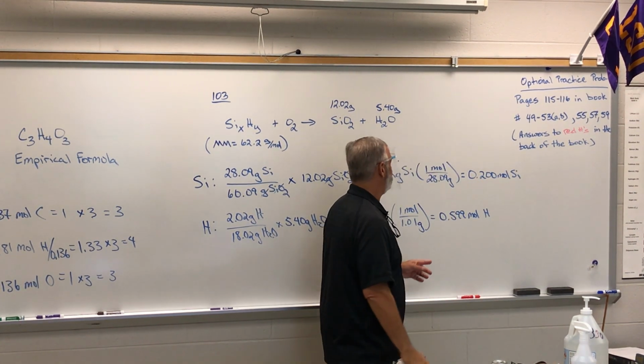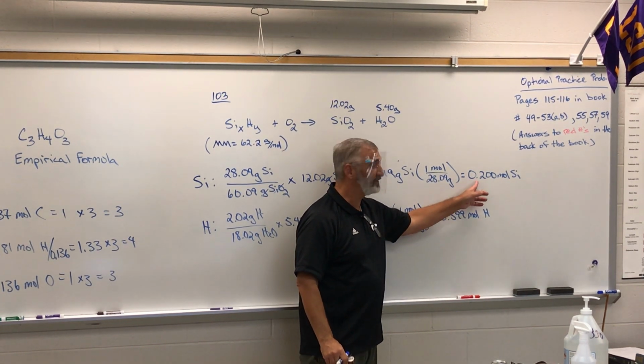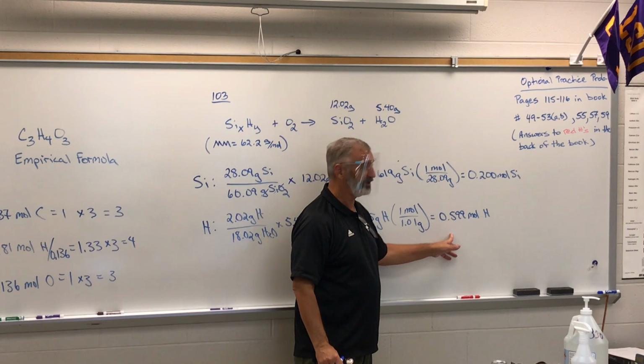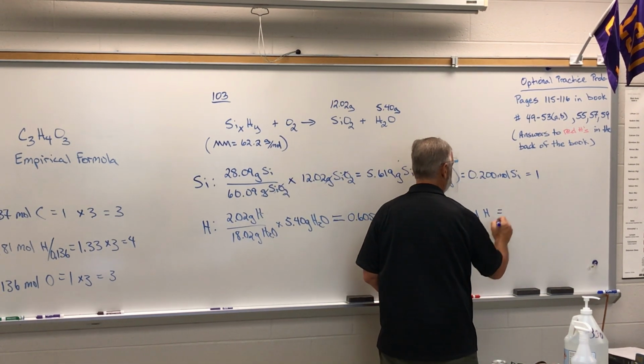Okay, so again, 0.599 is pretty darn close to 0.6. You got 0.2, 0.6, therefore this is a 1, this is a 3.